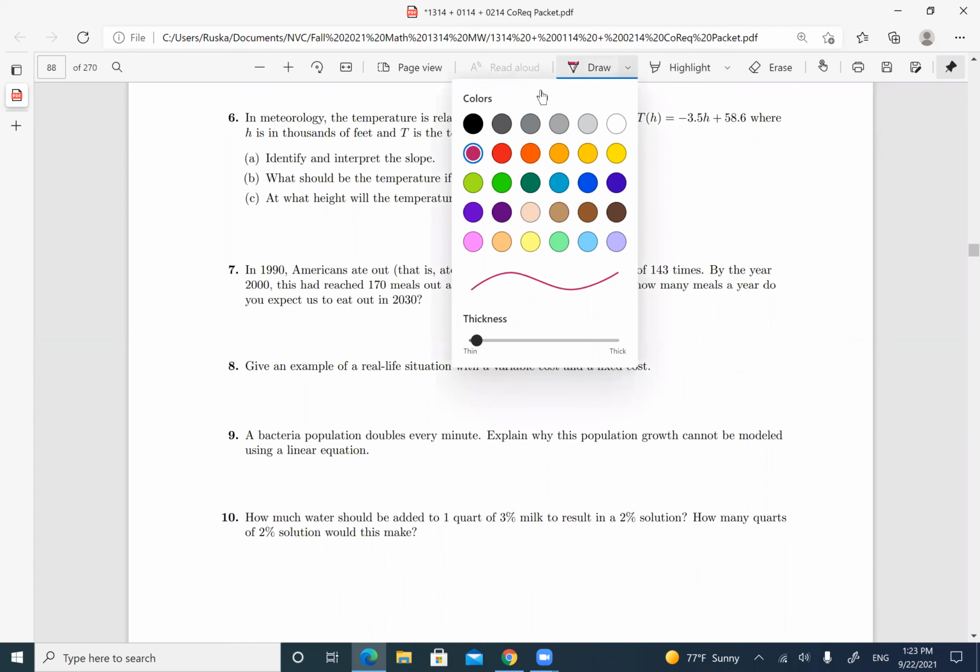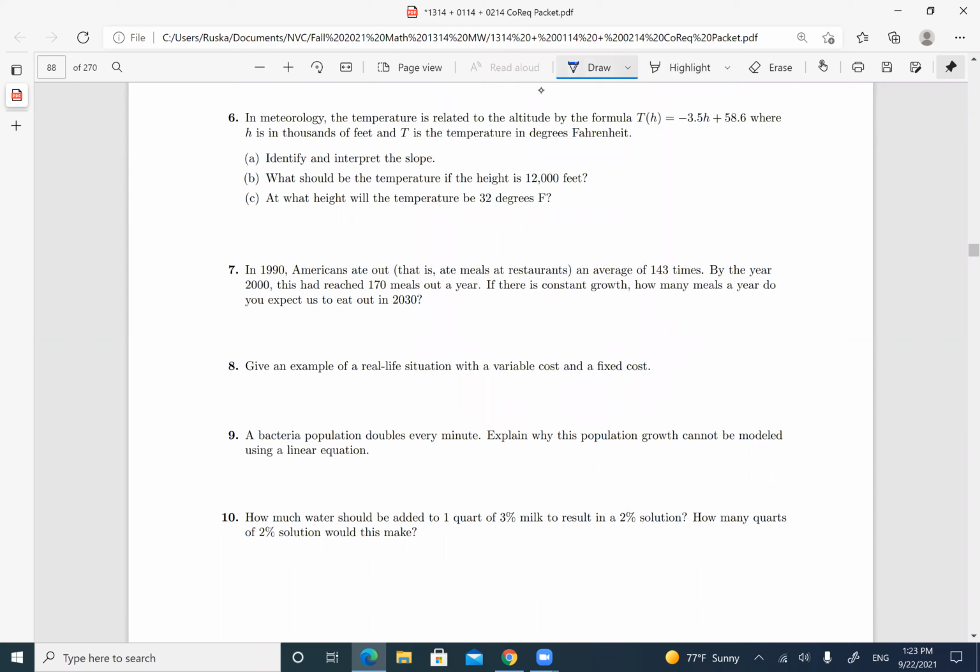So for number 6, the temperature is related to altitude, and this is the formula. They give me the formula here, where h is the thousands of feet, that's the height, and T is the temperature in degrees Fahrenheit.